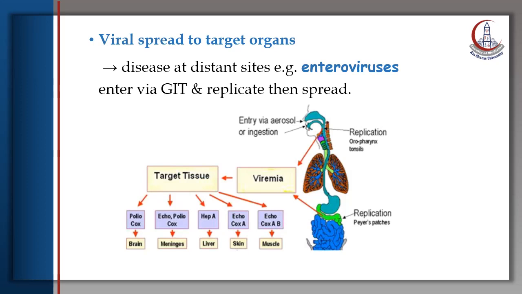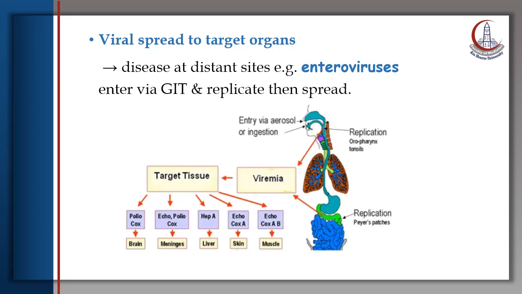But other viruses spread to their target organs, as the enteroviruses. These enteroviruses are transmitted fecal-orally, entering by ingestion. Then, after passage in the intestine, they replicate in the Peyer's patches, then are absorbed into the blood, causing viremia, and from the blood they spread to their target organs.